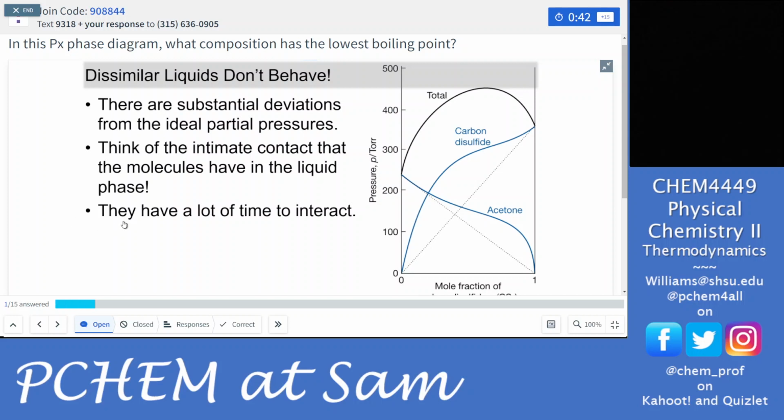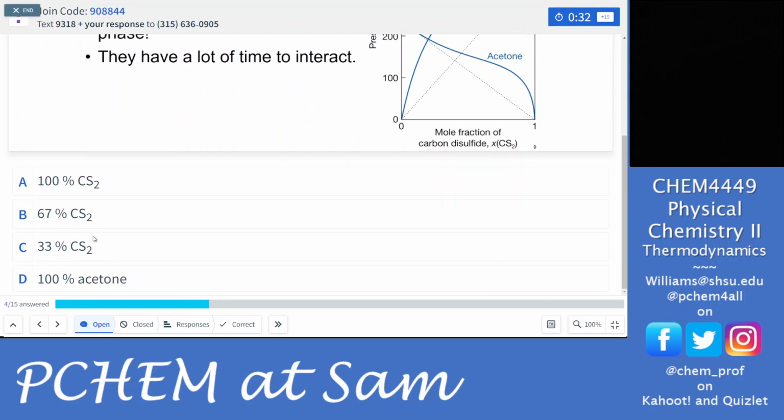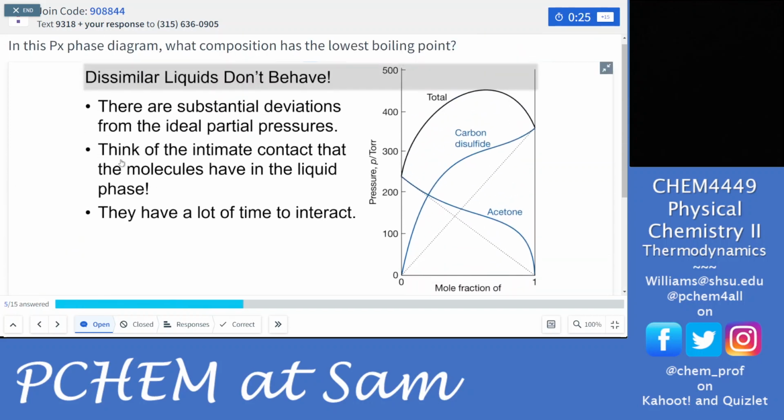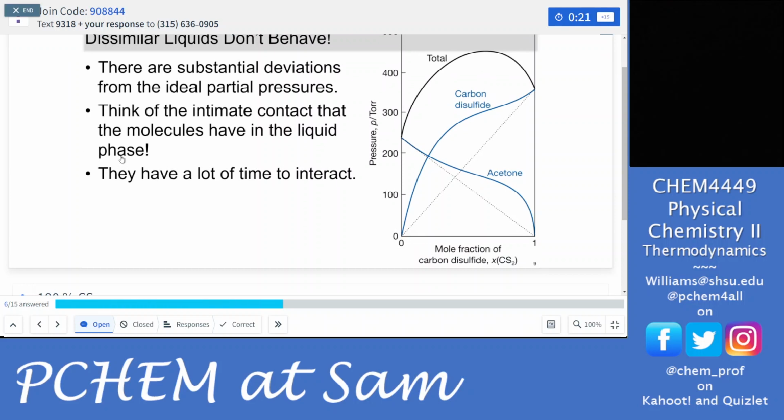Yeah, go ahead. Choices are down here, so four choices. And the x-axis is mole fraction of carbon disulfide.